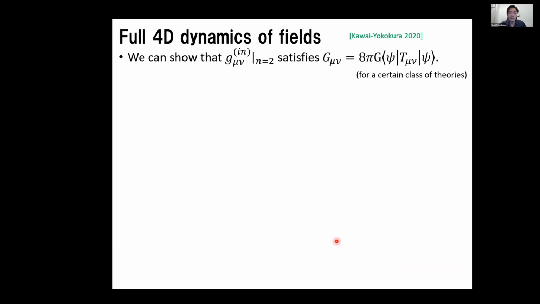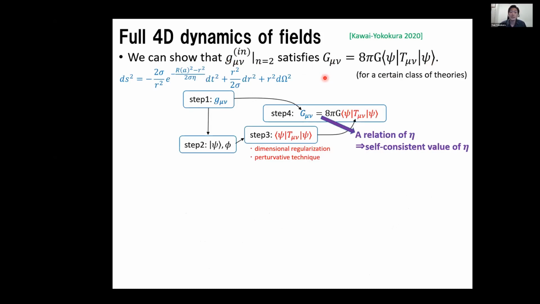This is the final slide. Here, I will explain briefly how this interior metric satisfies all the components of the energy-momentum Einstein equation. The discussion is self-consistent. Step 1, we set this metric as a candidate metric, just a candidate metric at this stage.